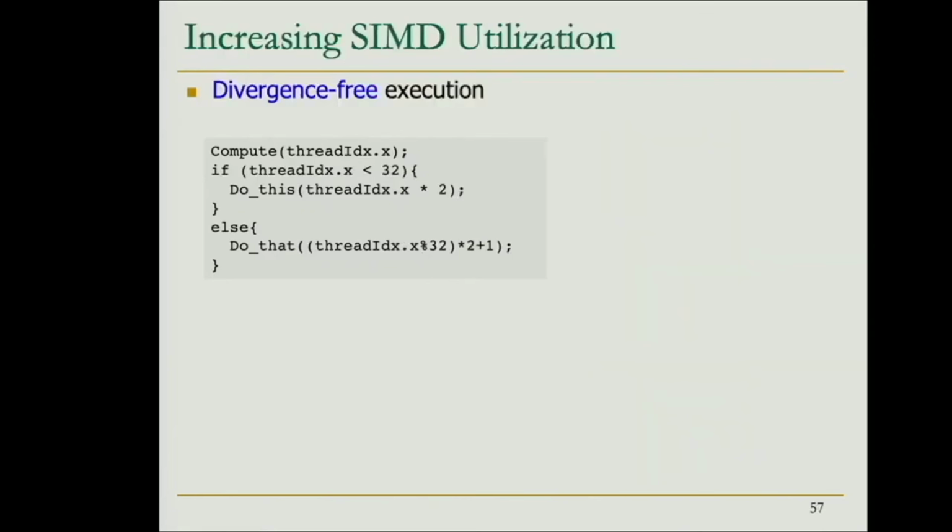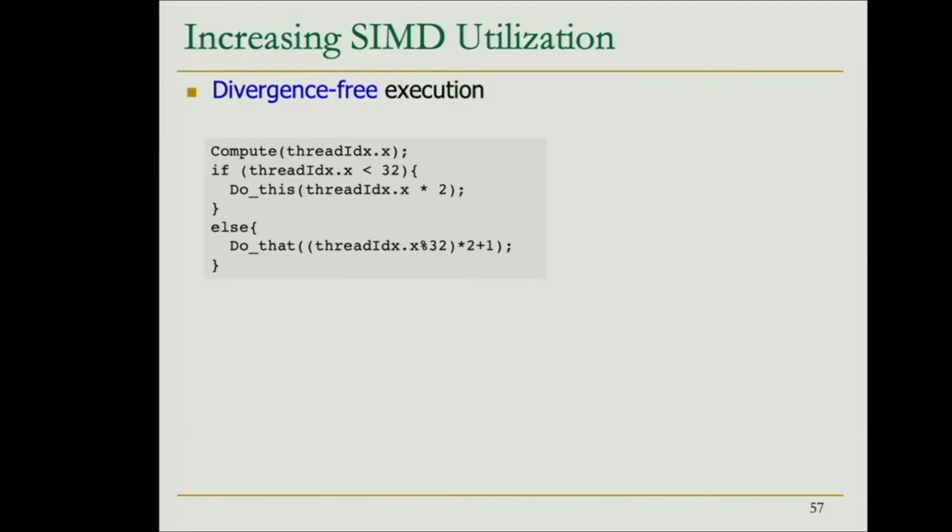Divergence-free execution. I change the mapping of threads to the data. And now, instead of having even threads doing this and odd threads doing that, consider that we have more than one warp, let's say 64 threads, for example.